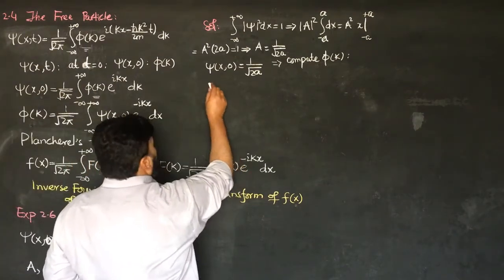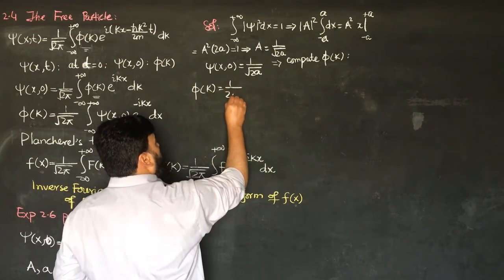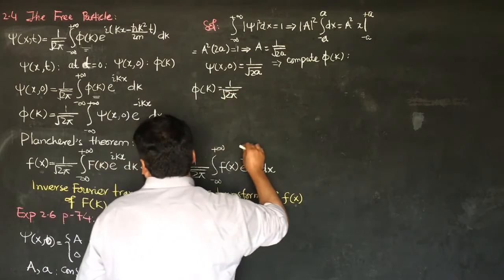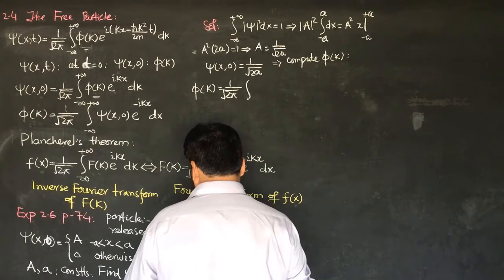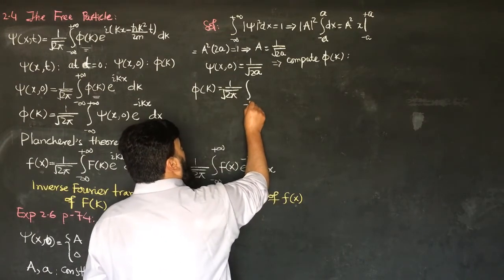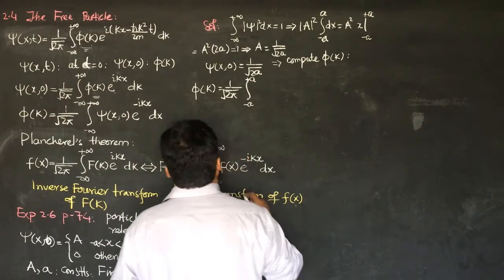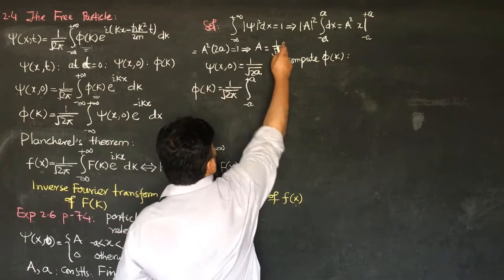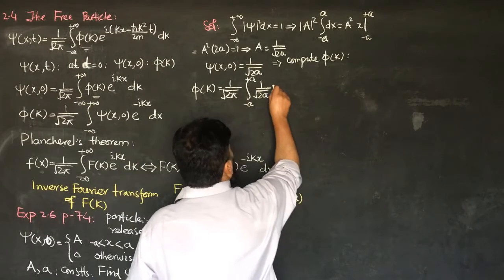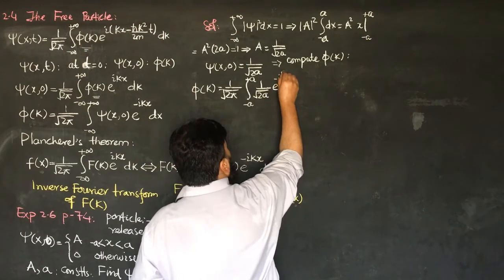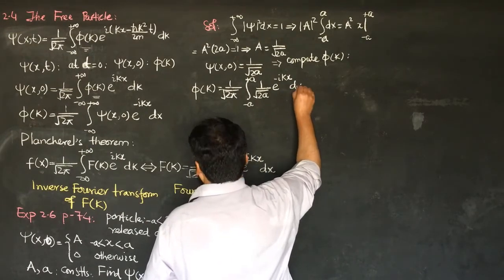I will write that φ(k) is equal to 1 over 2π integral, and our limits are from minus a to plus a, because in this range our ψ(x,0) is 1 over the square root of 2a, and then e^(-ikx) dx.